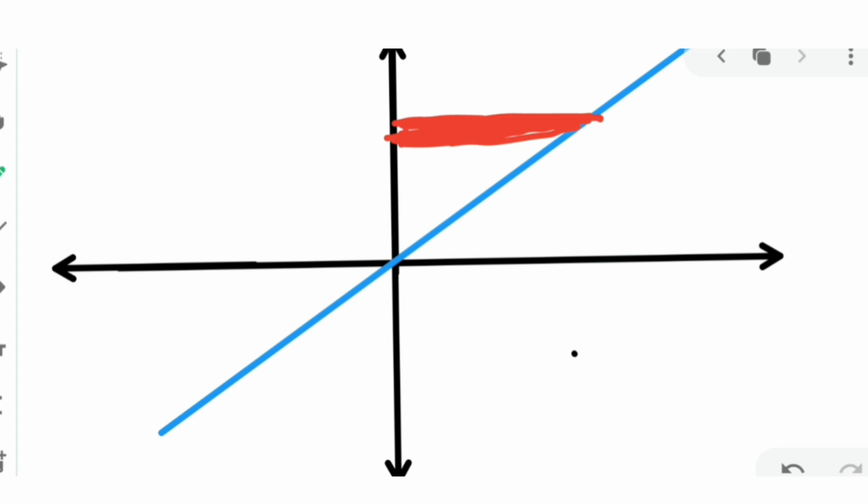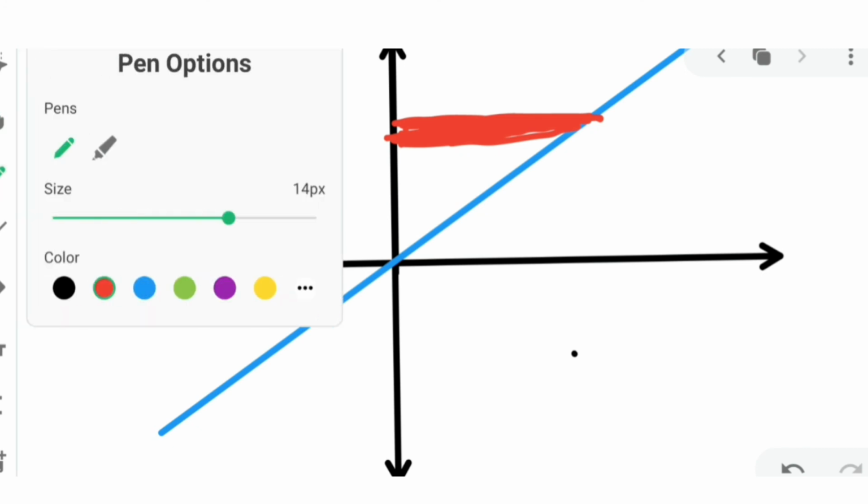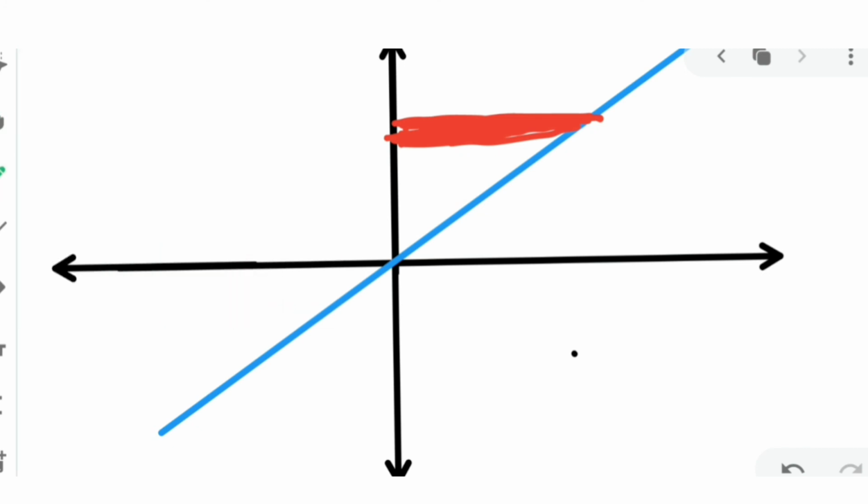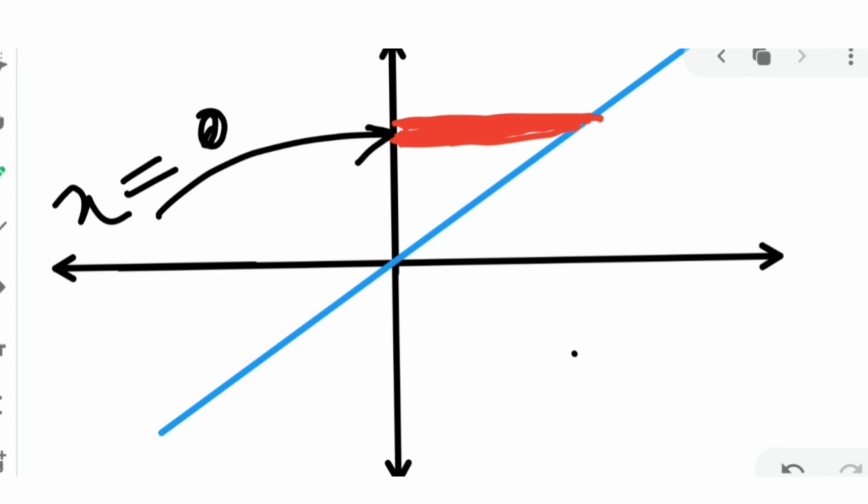So here we observe that the limits of the horizontal strip, the lower end is touching the y-axis, therefore from x equals to 0 the lower limit, and the upper limit will be x equals to y.